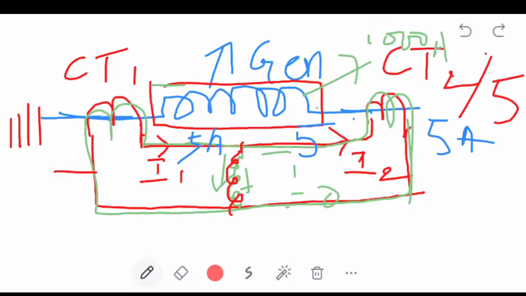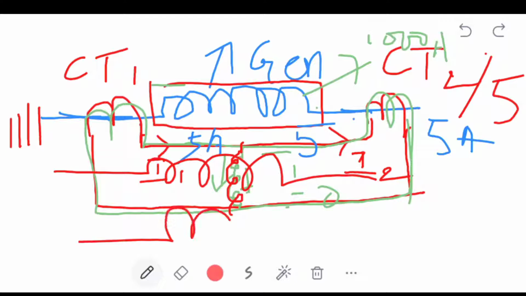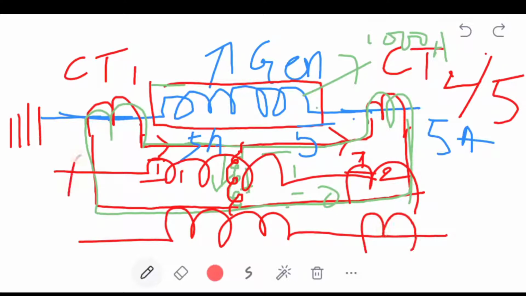If it is a three-phase circuit, three current transformers on both sides, so 6 current transformers, are required. We have to draw three windings again, and provide all three current transformers on both sides, connected through pilot cables.